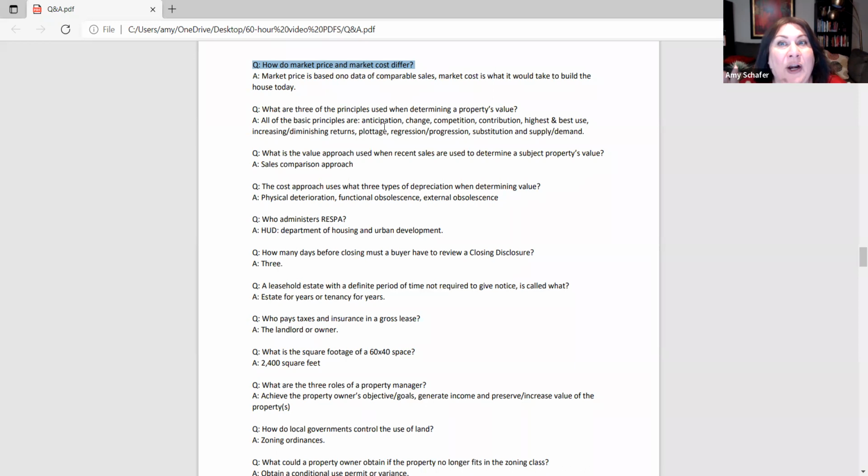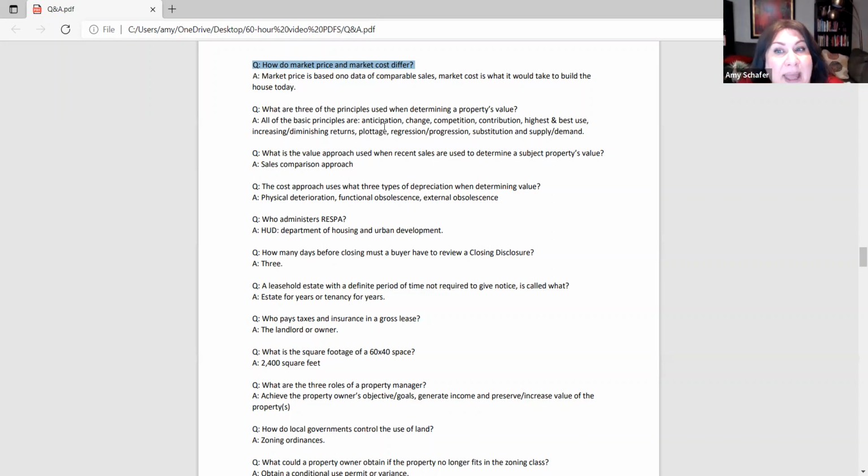And if they're better, we've got to make them look average or poor, like this subject, and decrease value. If they're in worse condition, we've got to make them look average or better and add value. So we're making adjustments to the comparable sold to make those properties look most like the subject property.